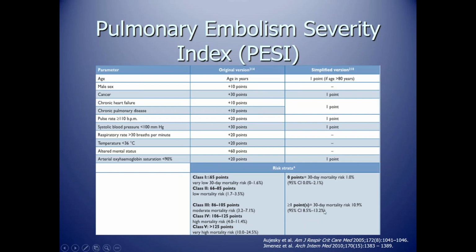And as I said earlier, 1 point or more on a simplified PESI score is associated with a 30-day mortality risk of 11%. So these are things we look at when we're looking at our submassive patients to sometimes drive decisions to treat patients versus not treat patients, or at least identify those patients who we're a little more worried about prior to making decisions.